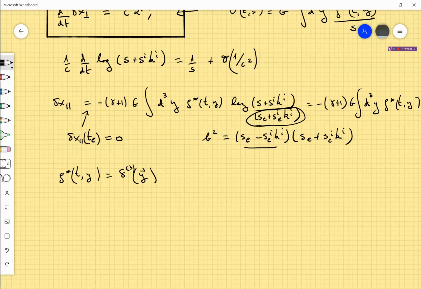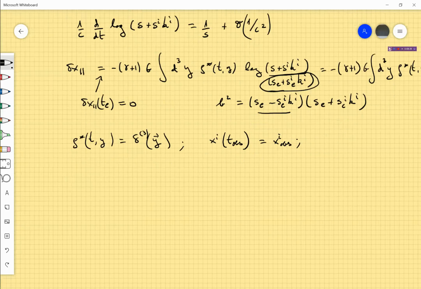We are going to use also this notation that you find in Poisson and Will's book: this is the time of observation of this effect, and the position evaluated at this time we call xi obs, and similar expressions for the absolute value and so on.